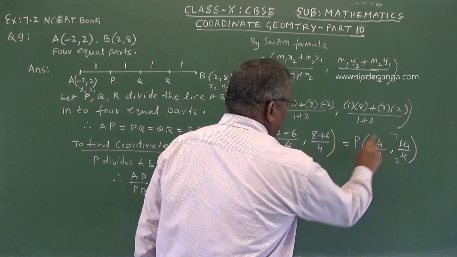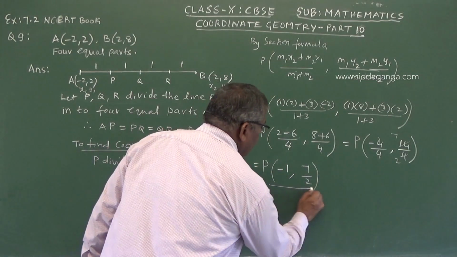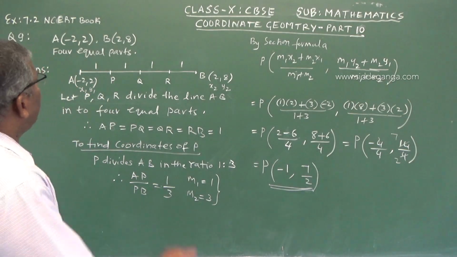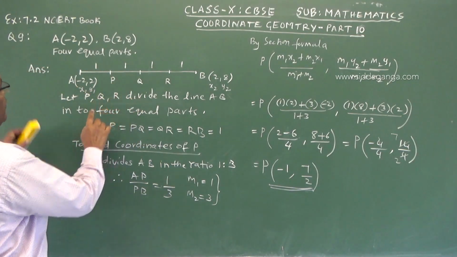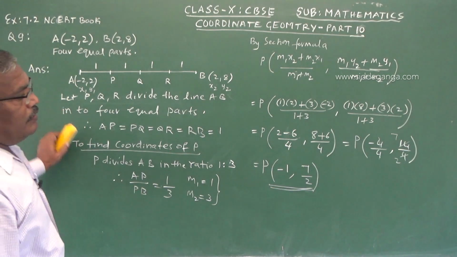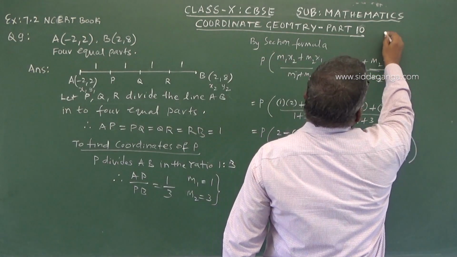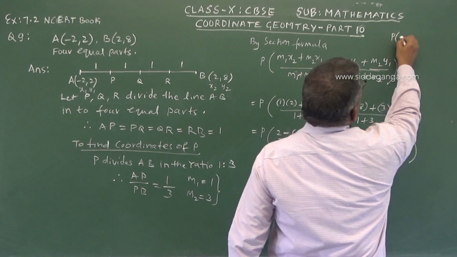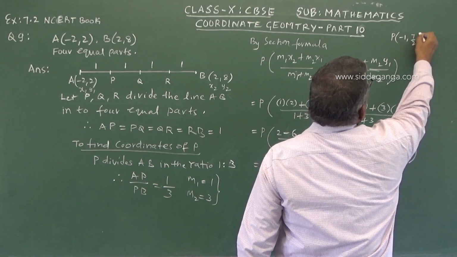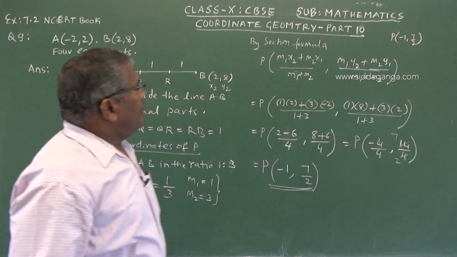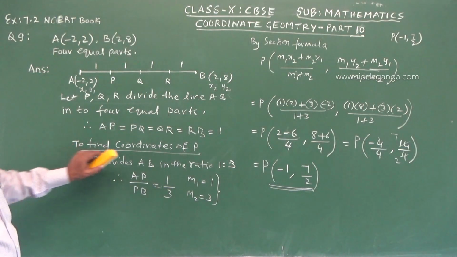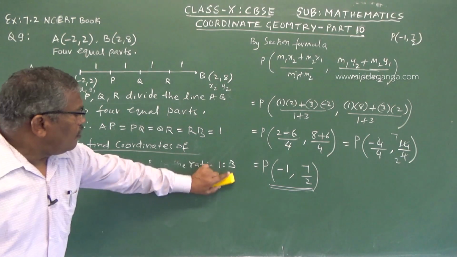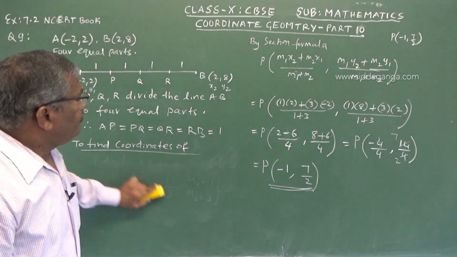So this is the coordinate of point P: minus 1, 7 by 2. Now I will erase this. Next, let us find the coordinates of Q.